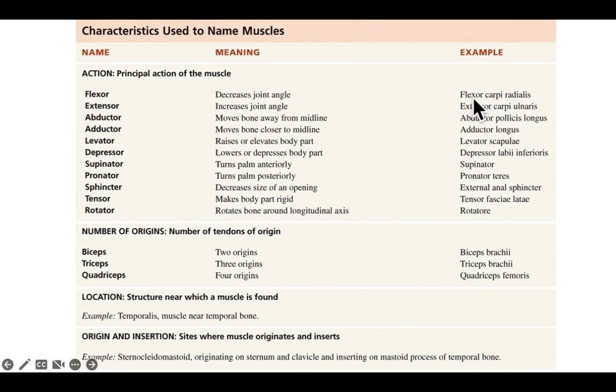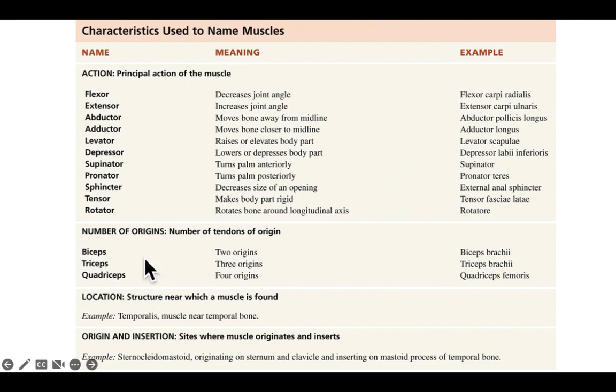Okay, it decreases in angle. What does carpi mean? That means that your wrist, so it must flex the wrist, and it runs along the radius side, all right, of your forearm. If it extends the wrist, we're going to use extensor carpi, and if it runs along the ulna side, we use ulnaris. All right, so look at the name. It tells you a lot about the muscle.